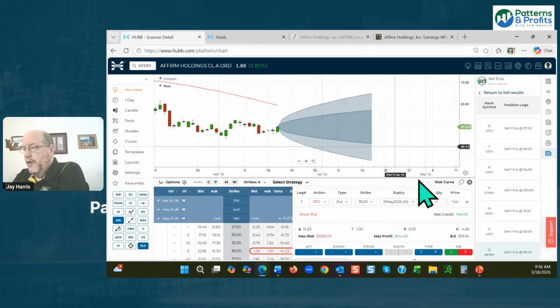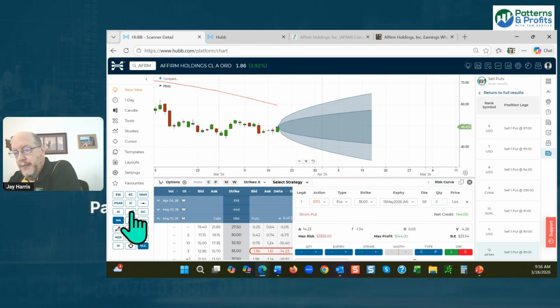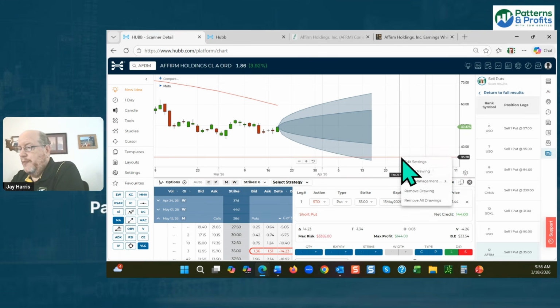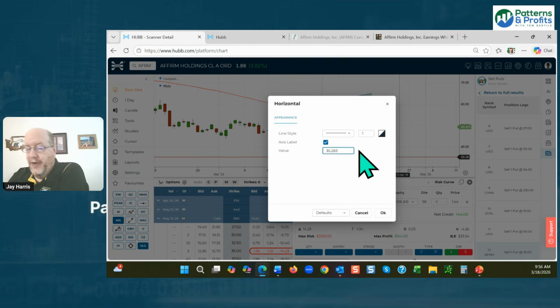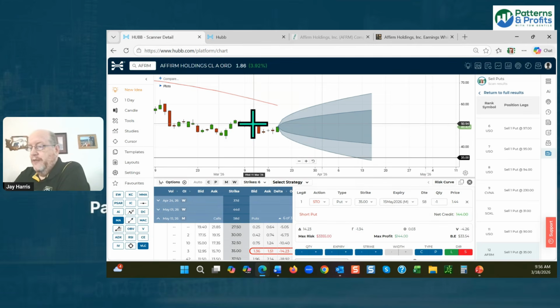Going to remove the drawing. I'd like to maybe even put a horizontal line, and let's just say 35. So I'll get close to 35 with my horizontal line. I'll edit it, and I'll type in 35 and click OK. And now it's on my chart.